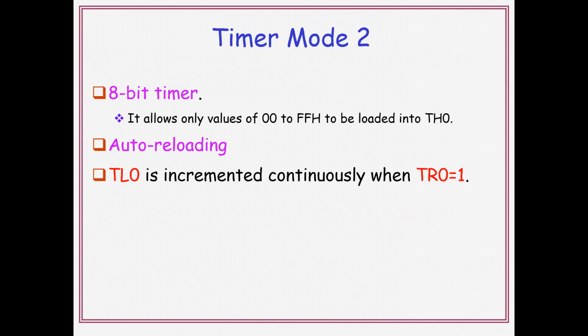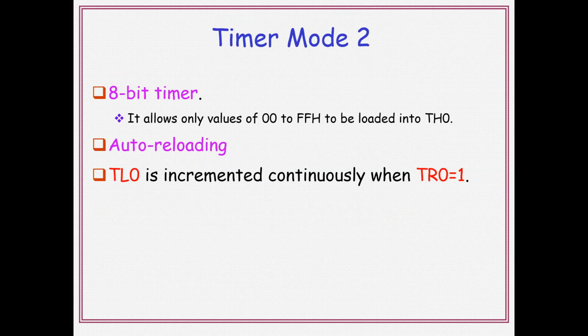Now, timer in mode 2 operation. It is an 8-bit timer. It allows only values from 00H to FFH, because 2 power 8 is 256, the maximum it supports. So it can count from 00H in hexadecimal up to FFH.